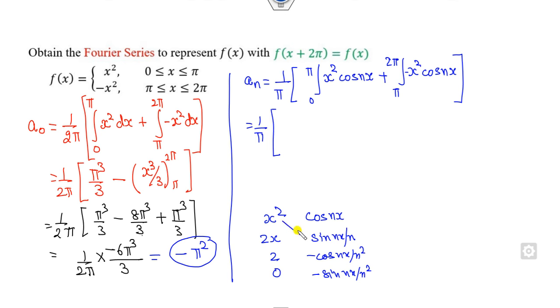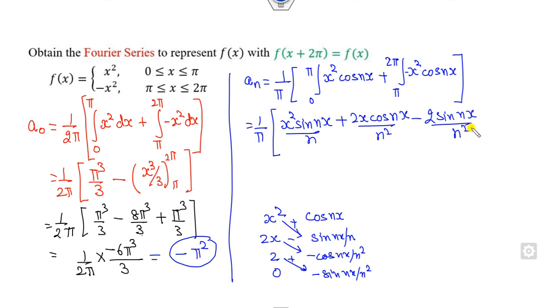So this will be positive, negative, positive. So it is x square sin nx over n, minus plus 2x cos nx over n square, minus 2 sin nx over n square. This is the limit from 0 to pi.